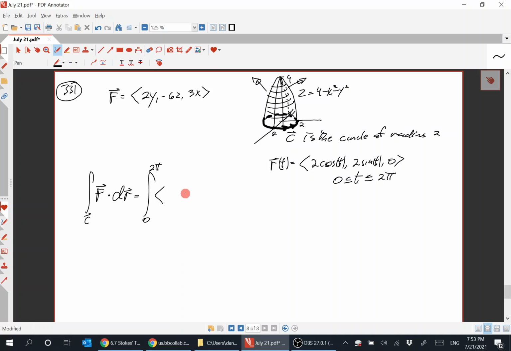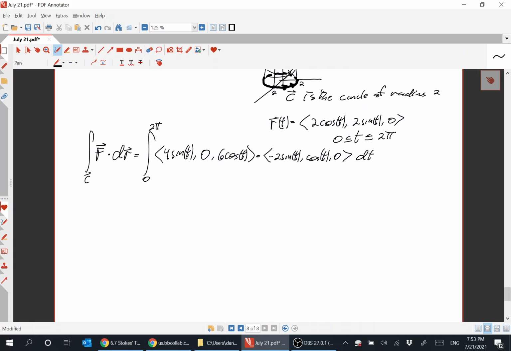All right, so 2 sine t, so that's going to be 4 sine of t. 6z is 0. And 3x is 6 cosine of t. Dot r prime of t, minus 2 sine t, comma, cosine t, comma, 0 dt. So the dot product is minus 8 sine squared t, 0, 0.